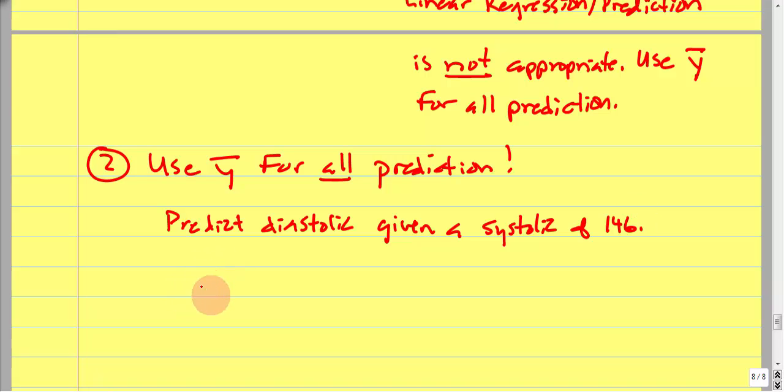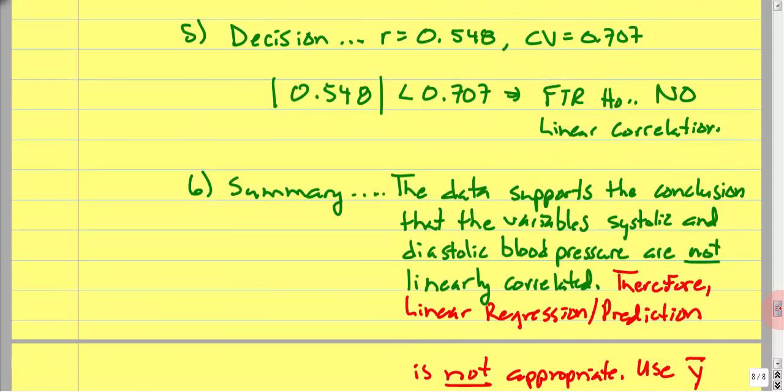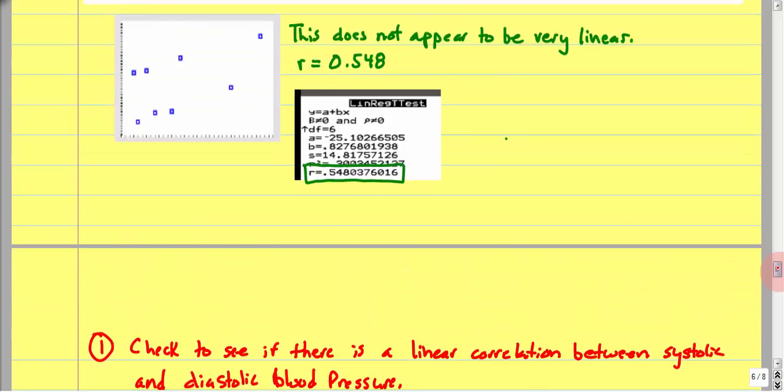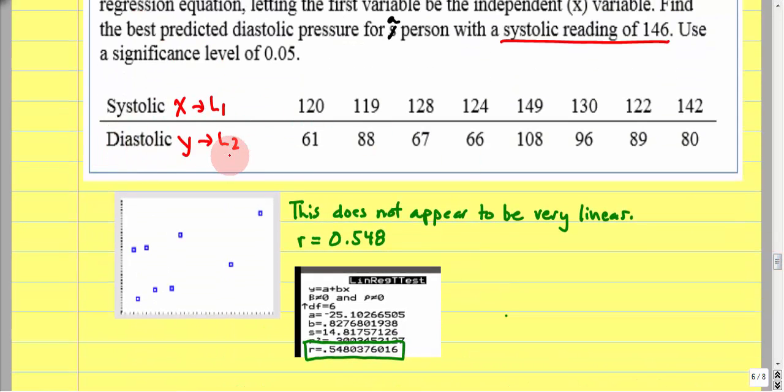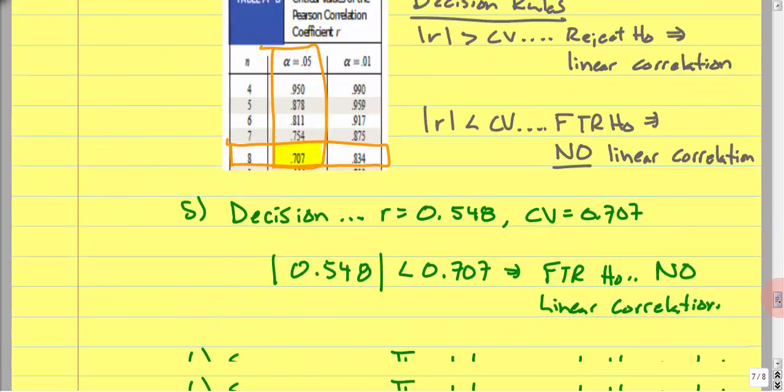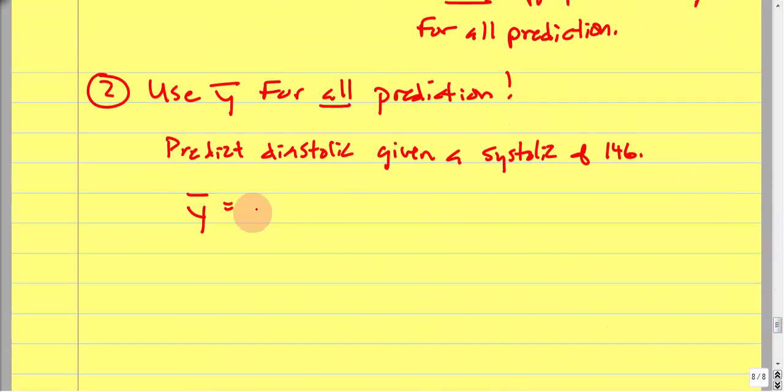Now what is y bar? If you remember from our table, here we go again. So y bar was diastolic, which was L2. So this is the average diastolic blood pressure.